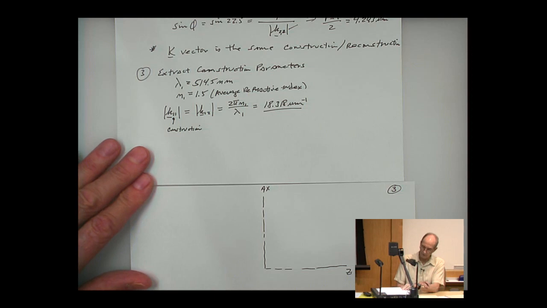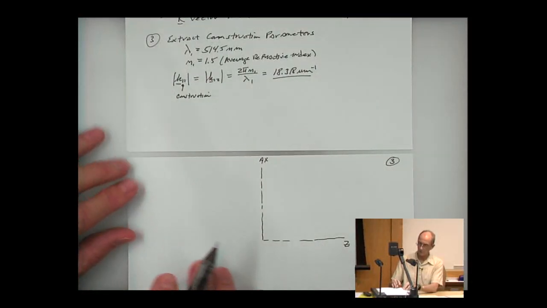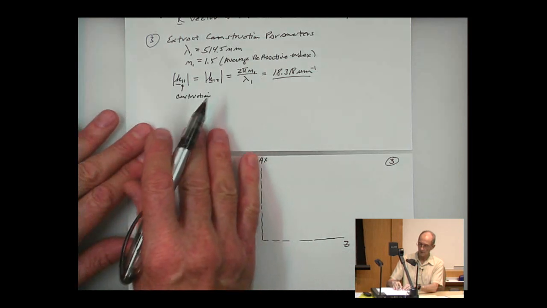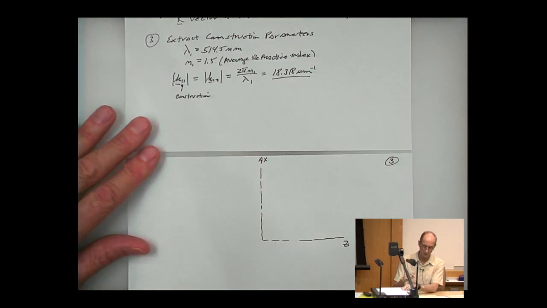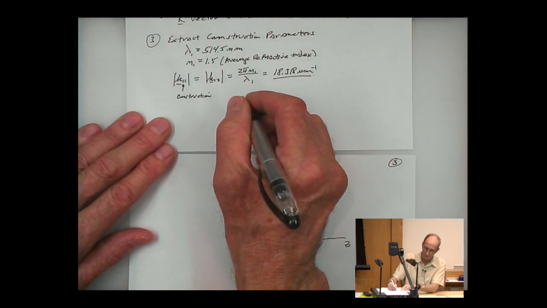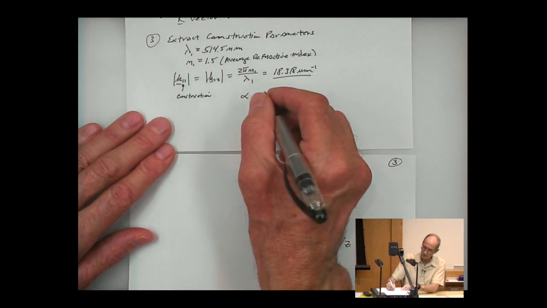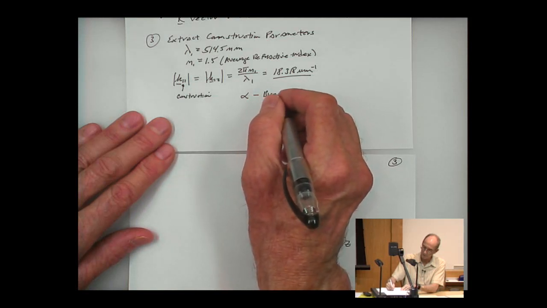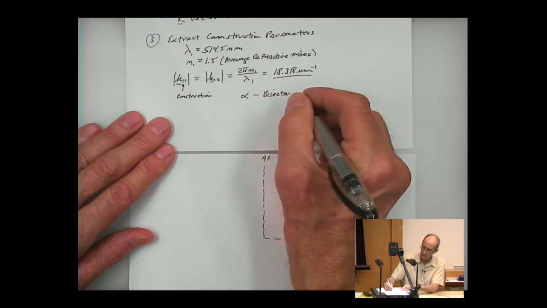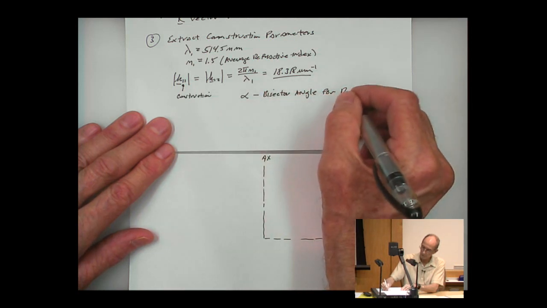I want to get the angle between this bisector angle again, but this time for this second propagation vector set. All right, so here we'll call that bisector angle alpha. And so this is the bisector angle for the reconstruction.